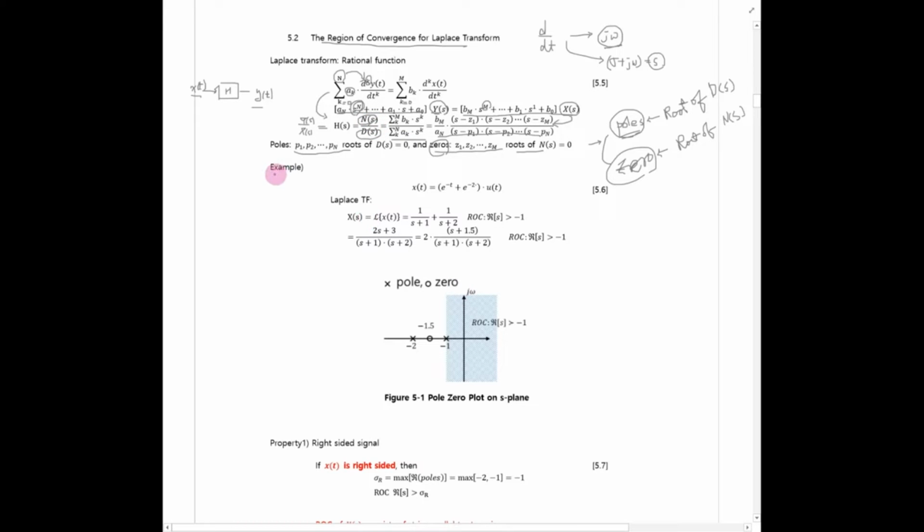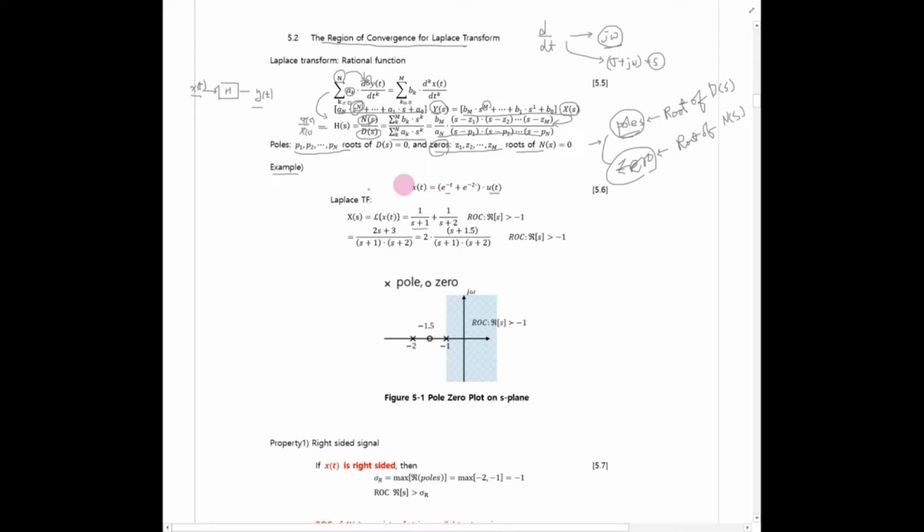So here is an example. x(t) is a right-sided signal, like that. So the signal exists after t equals 0, positive times. By taking the Laplace transform, we know that the exponential function can be transformed in this way.